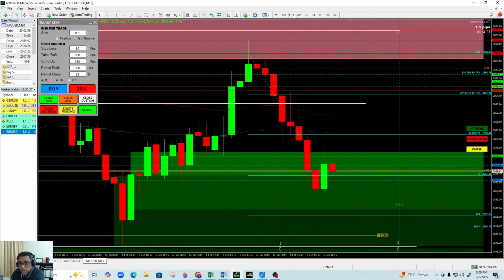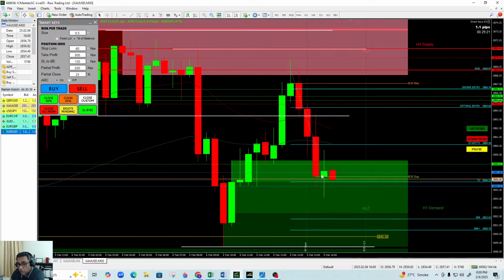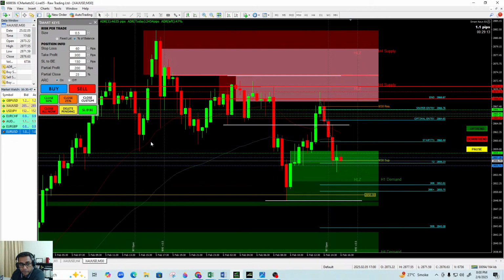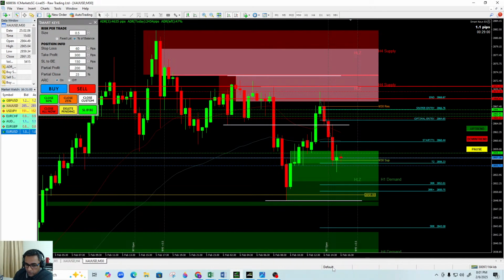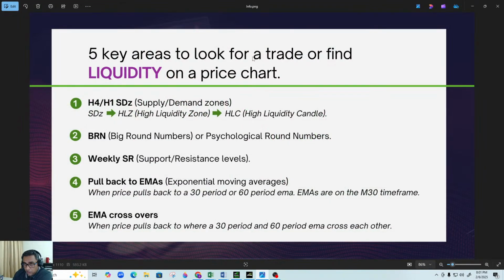So to me, this is not a reason to look for buys because this is a doji. We spoke about this. You need to wait for M30 support like that, not like this. Something like that, or a candle like this, from one of these liquidity areas.